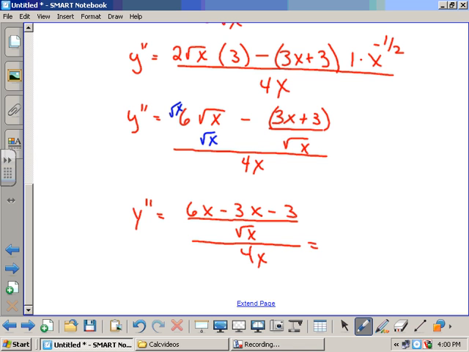Using the definition of division here, I'm going to multiply both top and bottom by 1 over 4x, or the reciprocal of 4x. So we'll get our second derivative in simplified form to be 3x minus 3 divided by 4x to the 3/2.